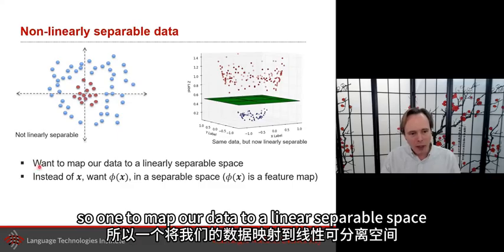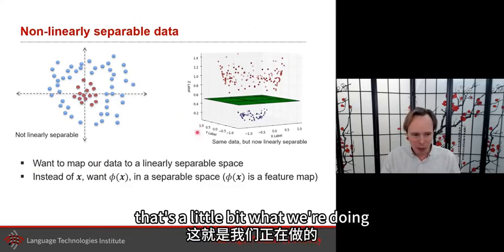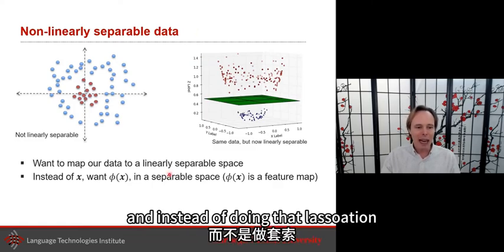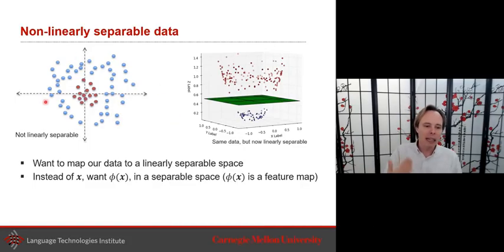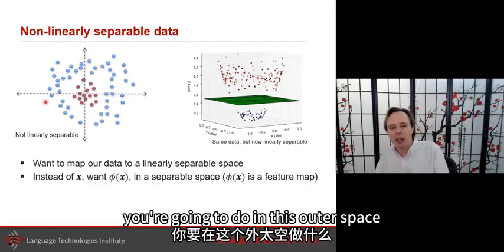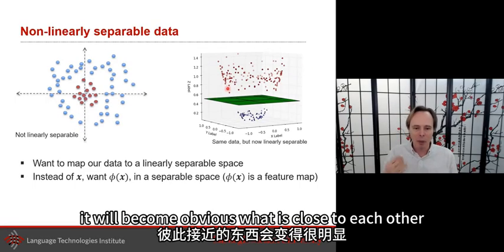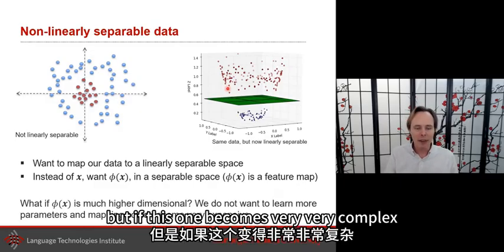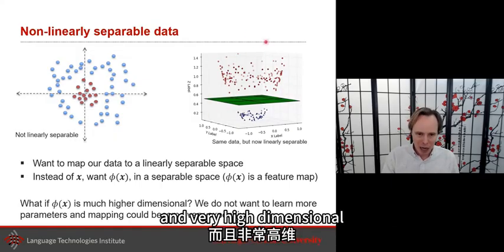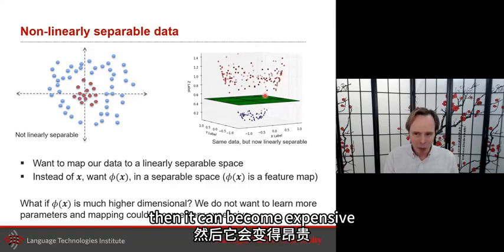So we want to map our data to a linearly separable space. That's a little bit of what we're doing. And instead of doing that linear separation in the x space, you're going to do it in this other space, where hopefully it will become obvious what is close to each other and what is not. But if this becomes very complex and very high dimensional, then it can become expensive.